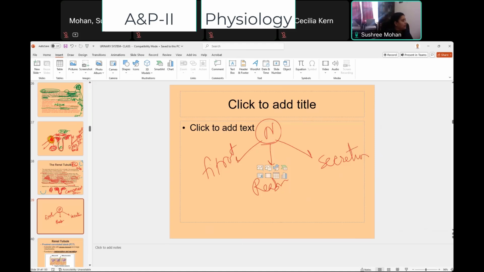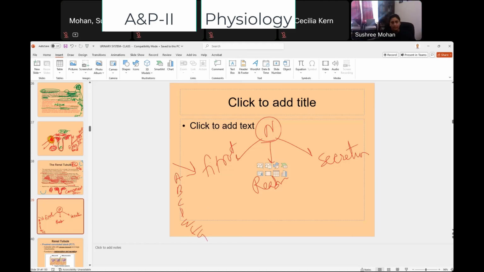Say the blood comes and the blood has A, B, C, D, E, F, G. After filtration is done, we get A and say B, D, F, G. We get all of these. The rest was returned back to the body.